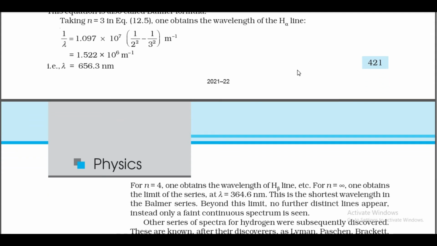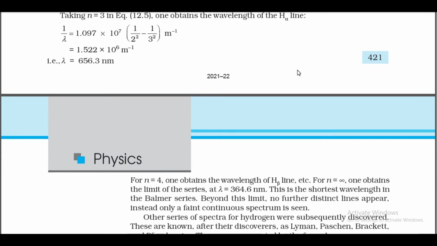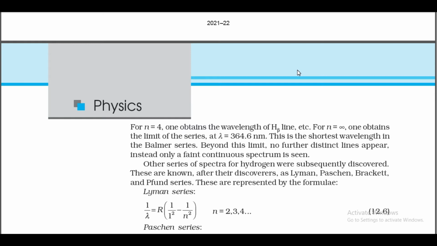That is, lambda is equal to 656.3 nanometer. For n is equal to 4, one obtains the wavelength of H beta line, etc. For n infinity, one obtains the limit of the series at lambda is equal to 364.6 nanometer. This is the shortest wavelength in the Balmer series.